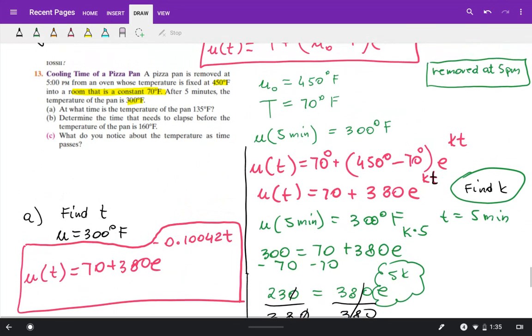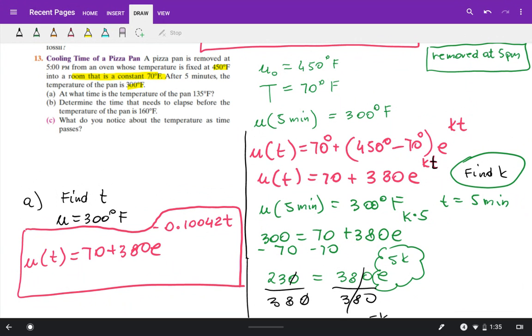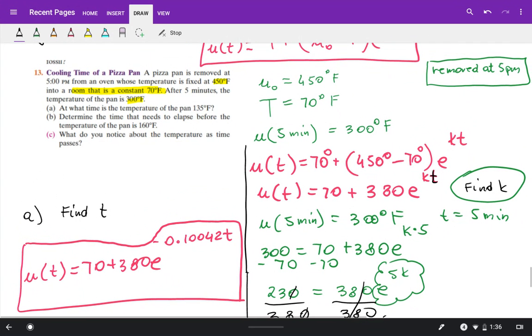So now we can go to part A, and they ask you to find the time when the temperature of the pan is 135. So let's just update that. Find t when the temperature is equal to 135.